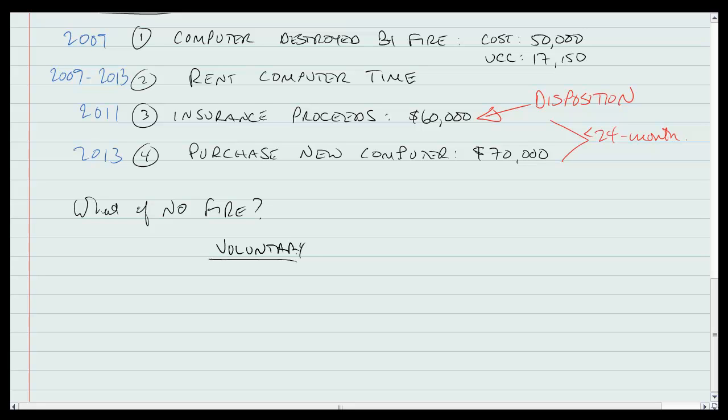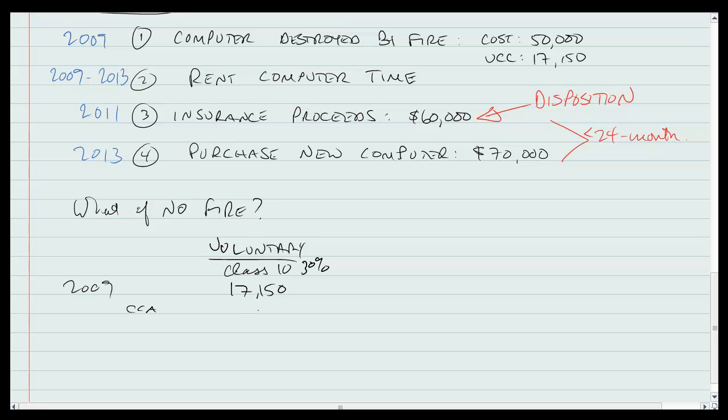So under voluntary, we will have 2009 opening balance. So this is the class, they tell us, class 10. Voluntary, class 10 at 30%. Our opening balance will be 17,150. We'll take CCA on that.